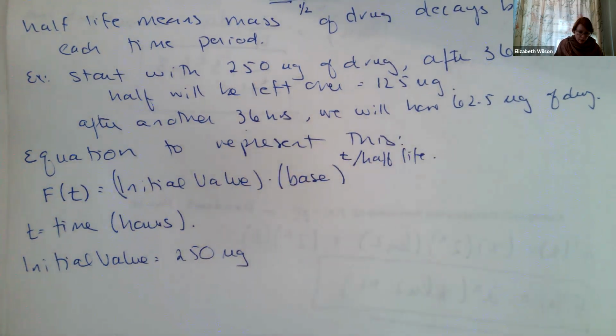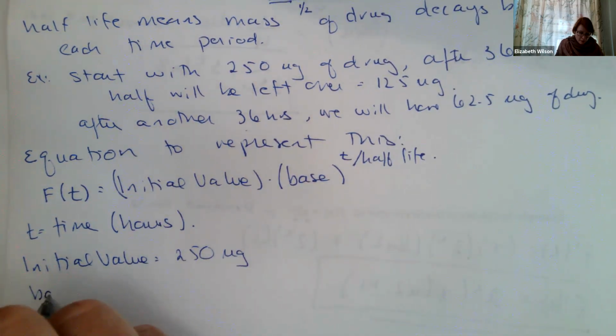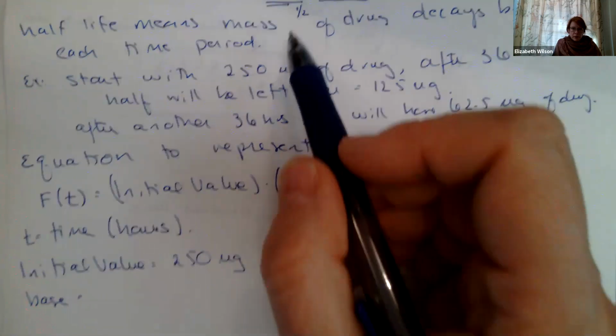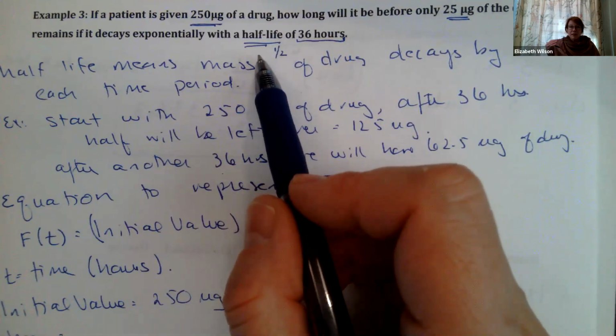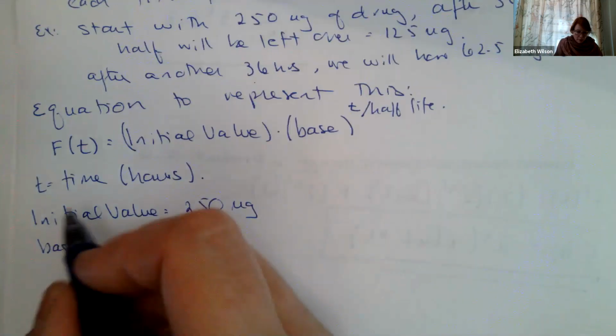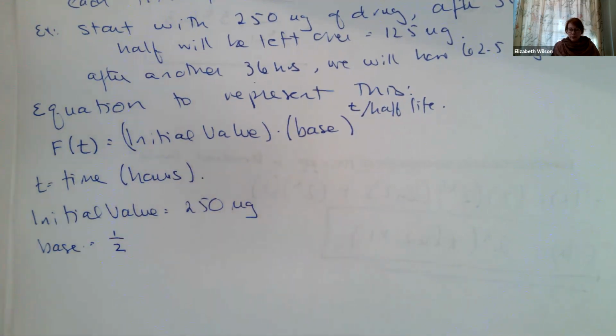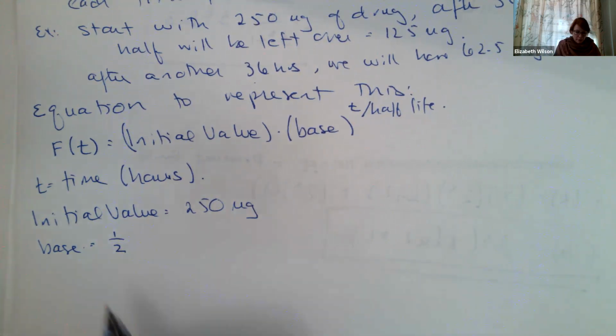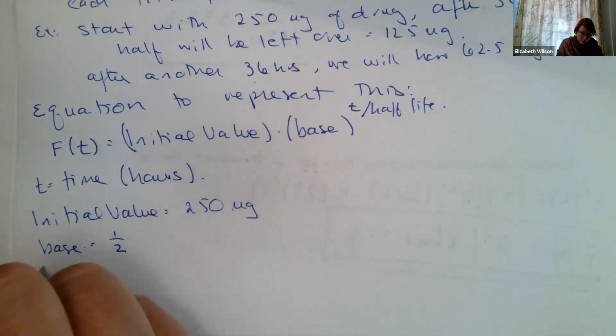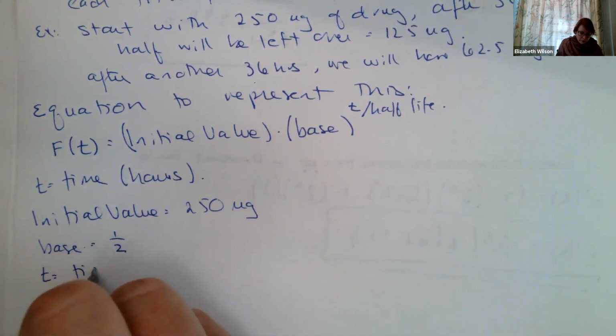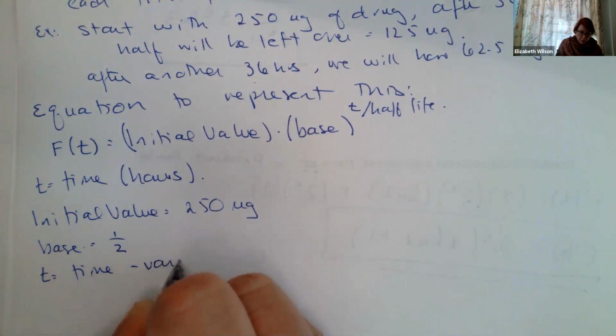Our base, like they told us, it decays, has a half-life. It cuts in half every time. So the base is 1/2. Radioactivity is generally measured in half-life. So our base is 1/2, and our t is the variable that we're solving for.